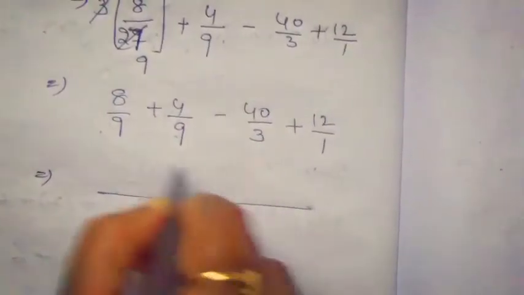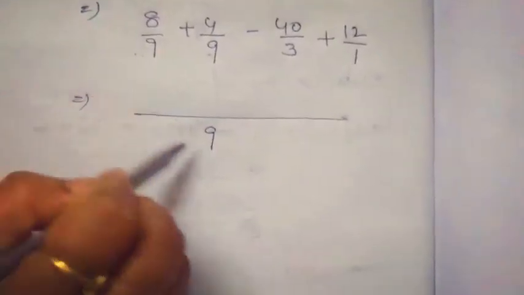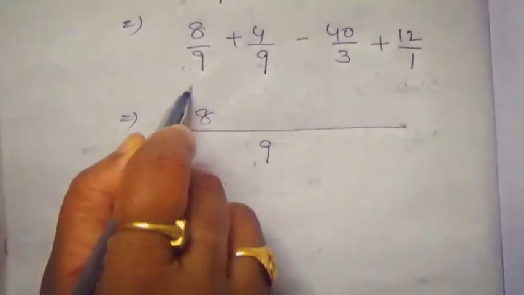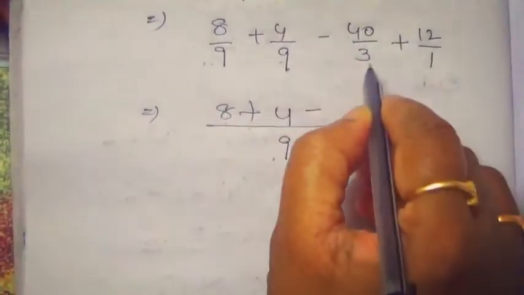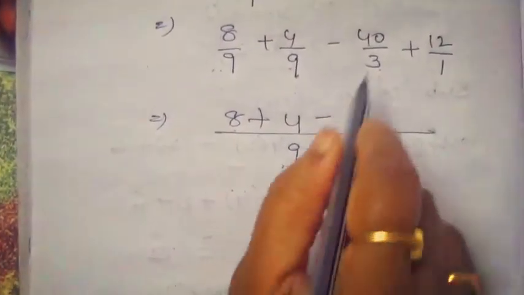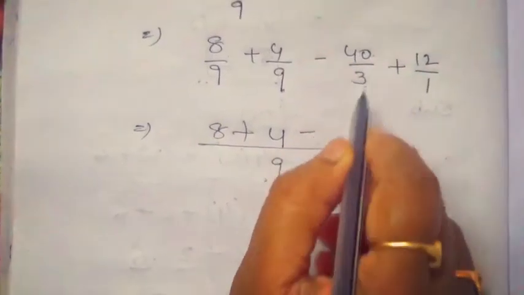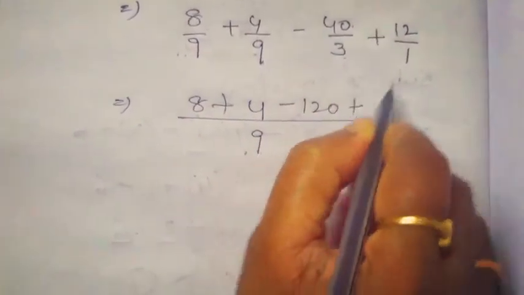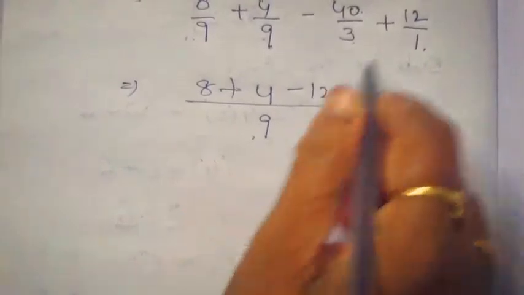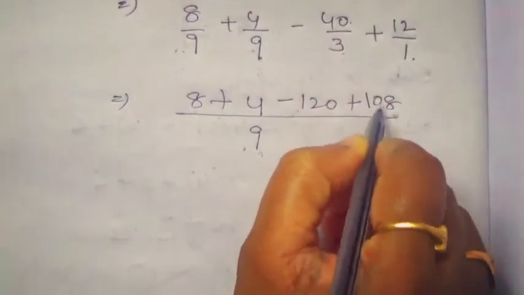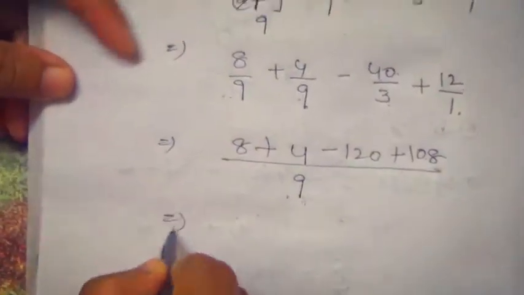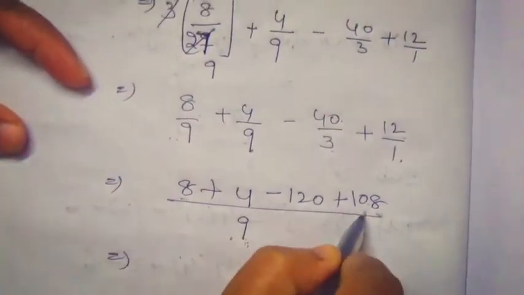That implies LCM of all is 9. 9 is there in the denominator, hence I am writing this numerator, plus here also 9 is there, so 4 minus, in the 3 table 9 is 3 times, 3 40s is 120, plus in one table 9 times, 9 12s is 108.